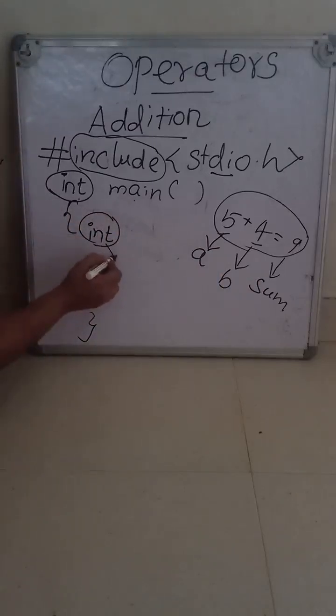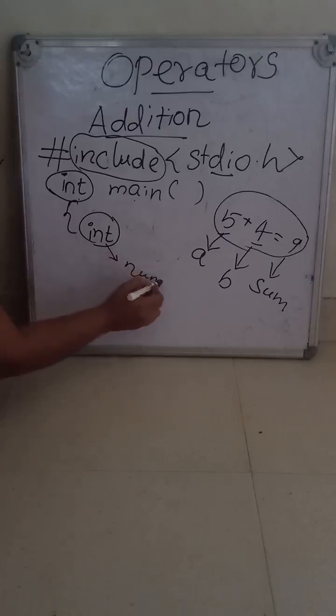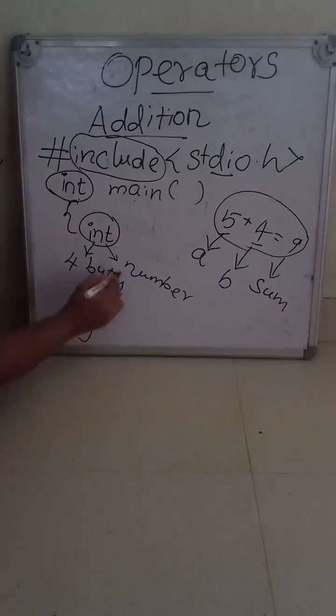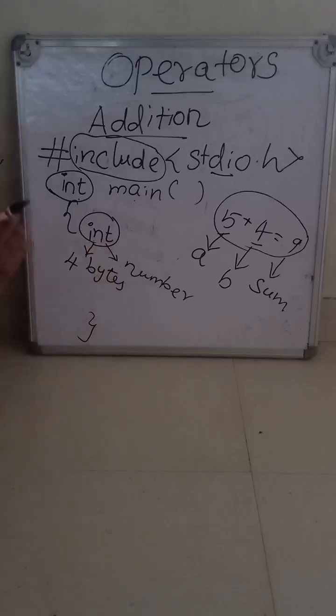Int means it is a number, that is, the integer data type. How much size is allocated for an integer? It is 4 bytes of memory. When I declare a variable as an integer, it is going to store 4 bytes.